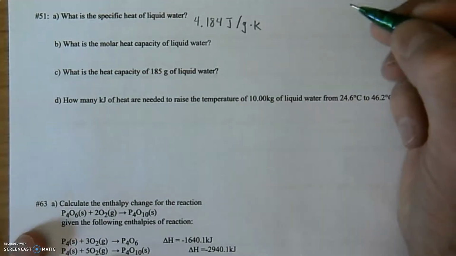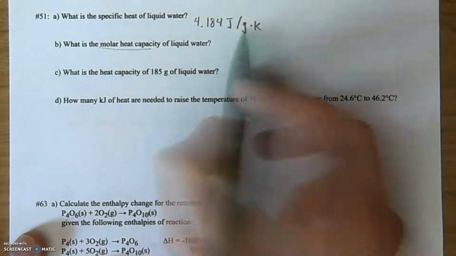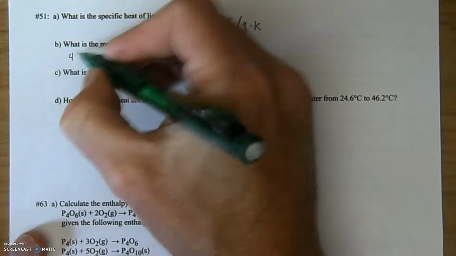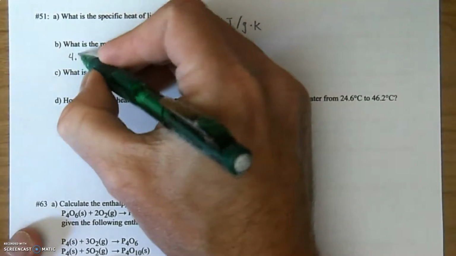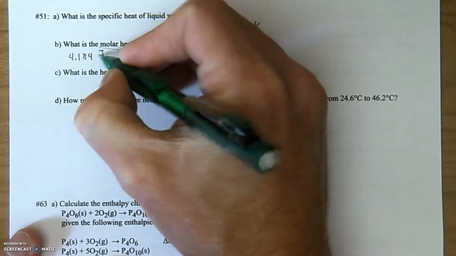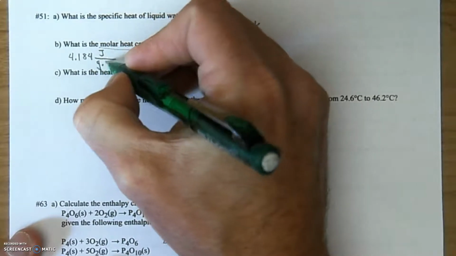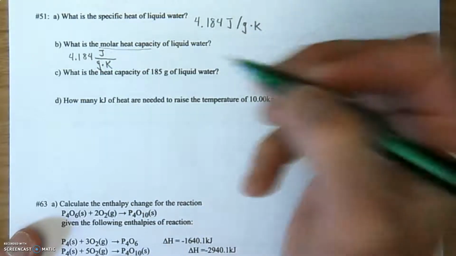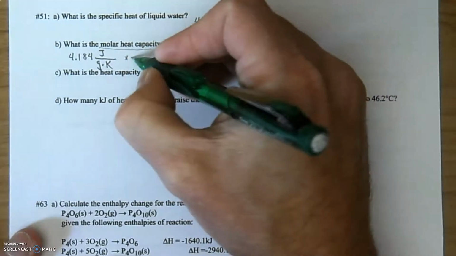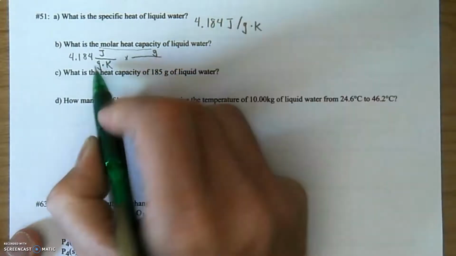Now, if we change this over to molar heat capacity, we need to change grams into moles. So nice and easy for that. I will write that a little differently. And again, we'll have joules sitting here on top, and I'm going to write it like this. So we have that obvious up and down. And if I want moles from grams, again, grams will go on top because grams are on the bottom here.